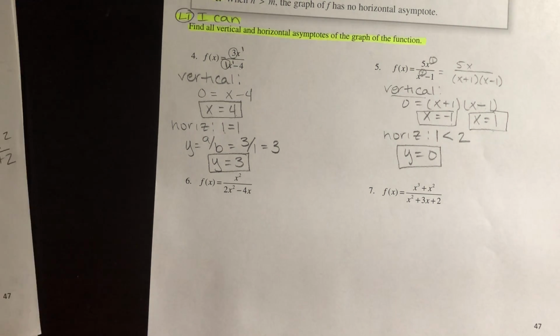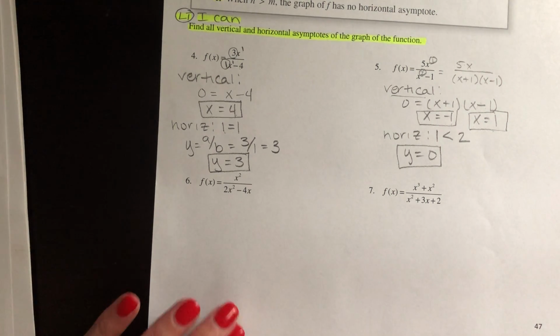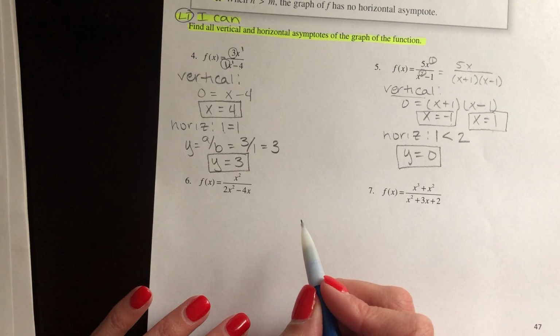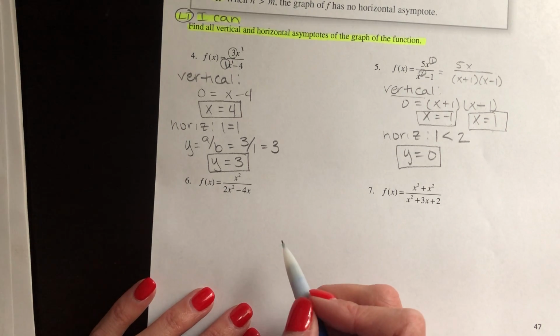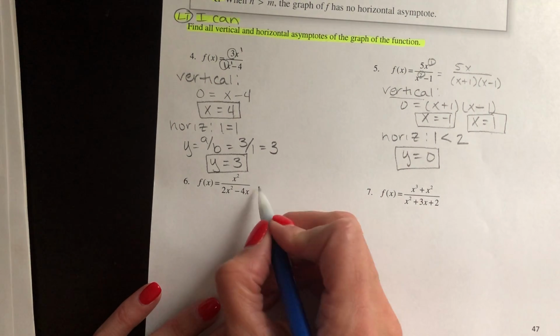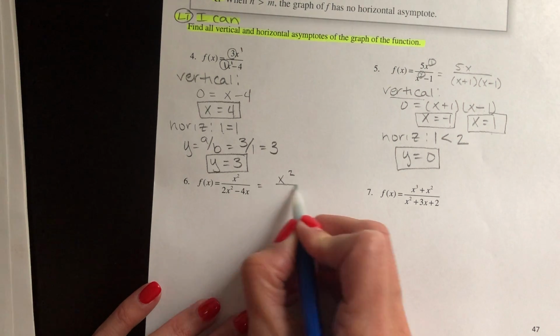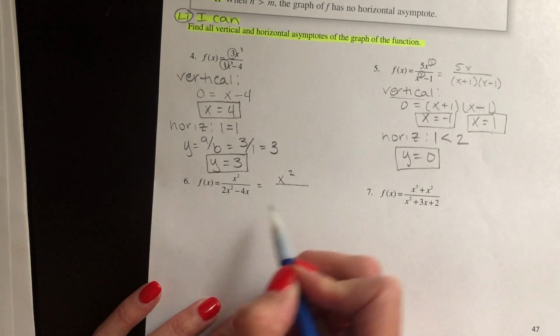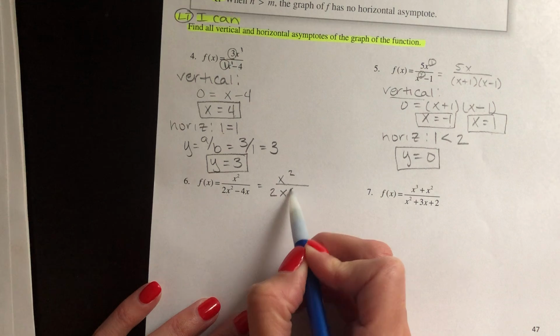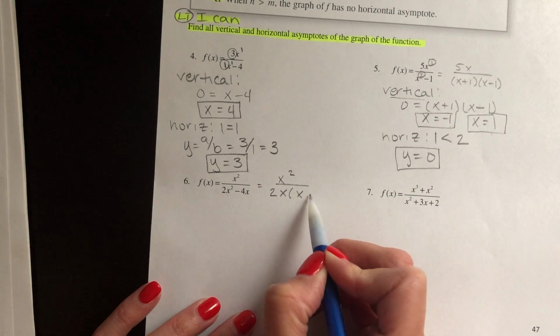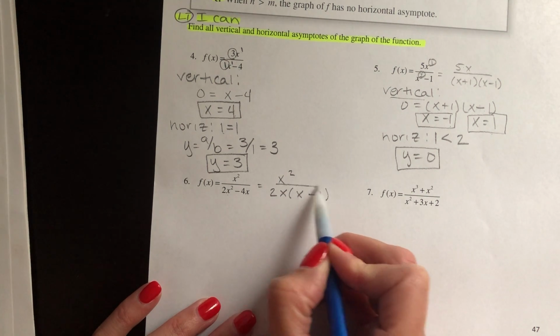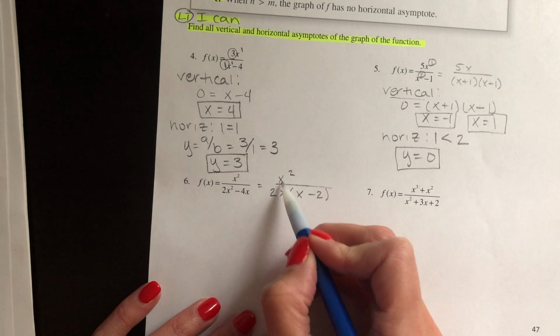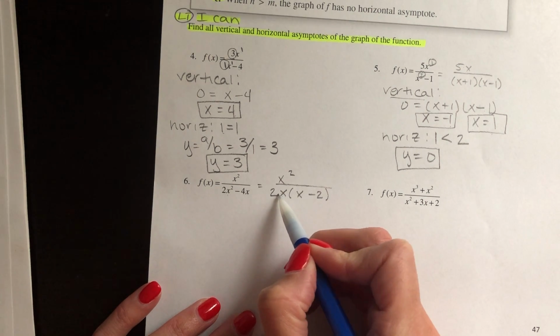Let's check these out, see how we did. Okay, so I'm going to check for common factors. I can take out a 2x here. And then I can see that these x's are going to cross out.